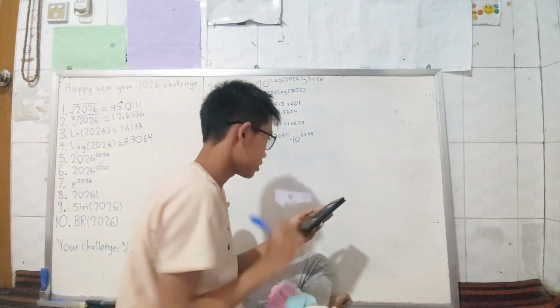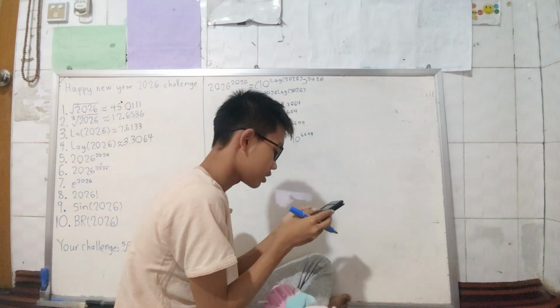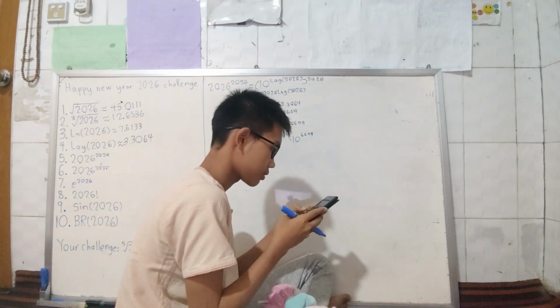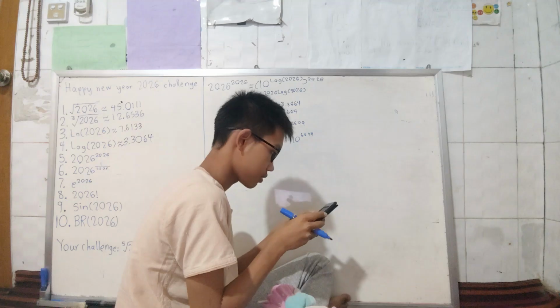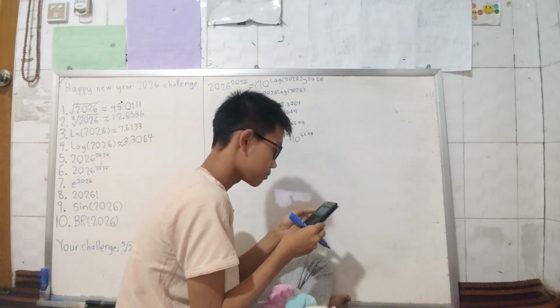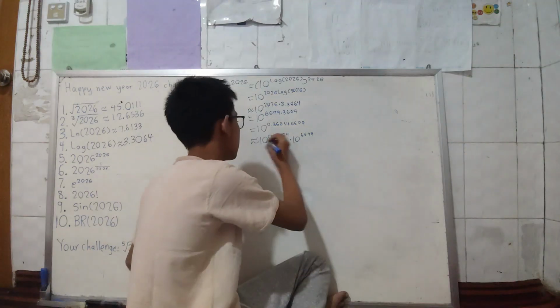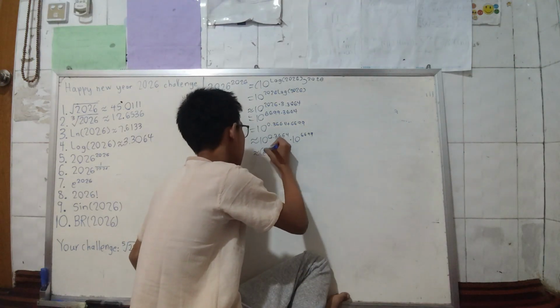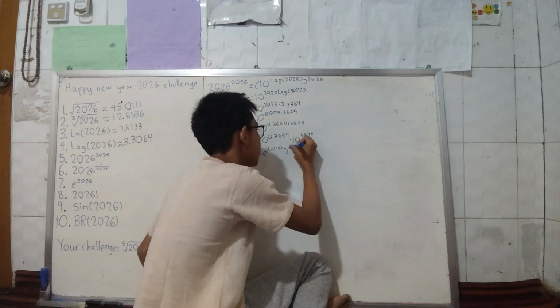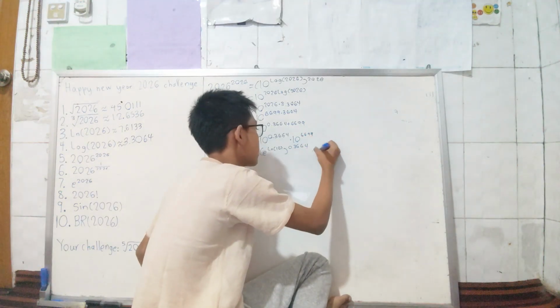I'm not trying to calculate this, okay? Because that will be cheating. So that's going to be e to the natural log of 10 of 0.3664 times 10 to the 6699.